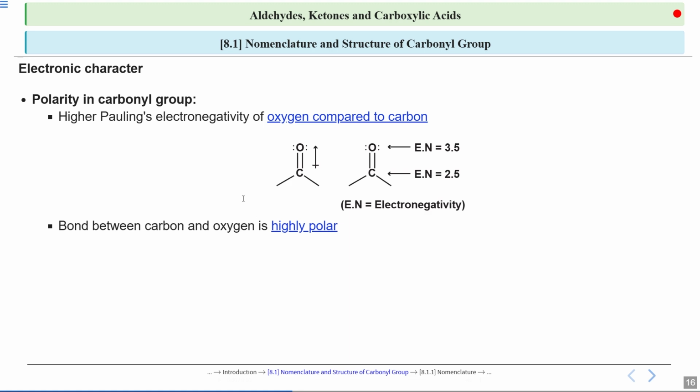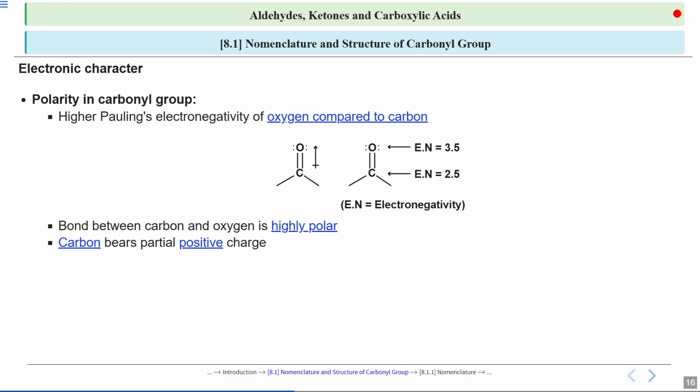What happens in a polar bond? The carbon bears a partial positive charge, because the electrons are pulled away from the carbon towards the oxygen, which leaves the carbon electron deficient. So this carbon atom can behave as an electrophile, which can attract a nucleophile towards itself.